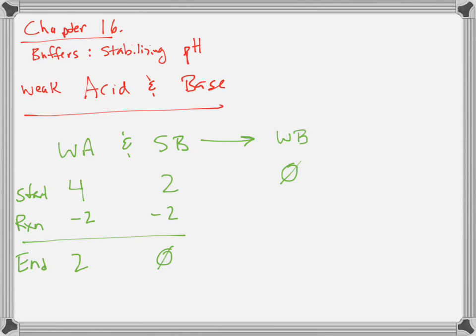In the course of the reaction, the strong base reacted with our weak acid, and we lost that weak acid. What did it become? Weak base. Which means, in the course of the reaction, we increased our weak base by 2 units. At the end of that reaction, what do we have? We have a little bit of weak acid, we have a little bit of weak base, which means buffer.